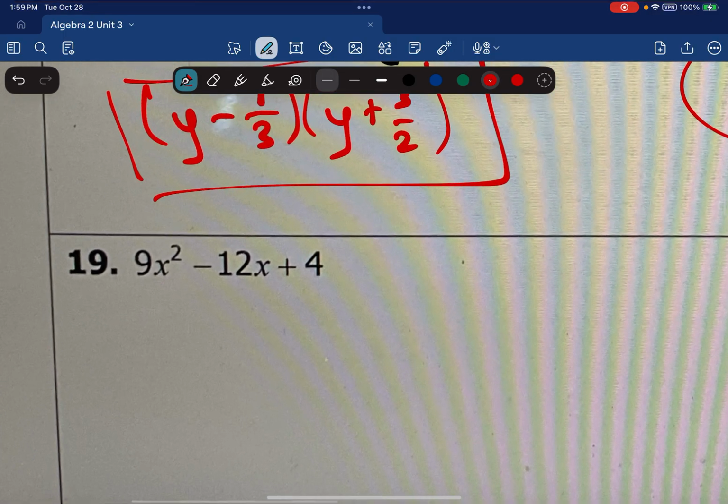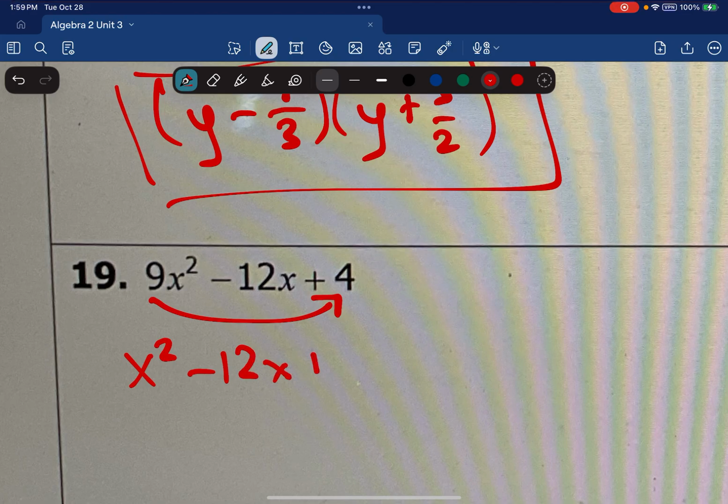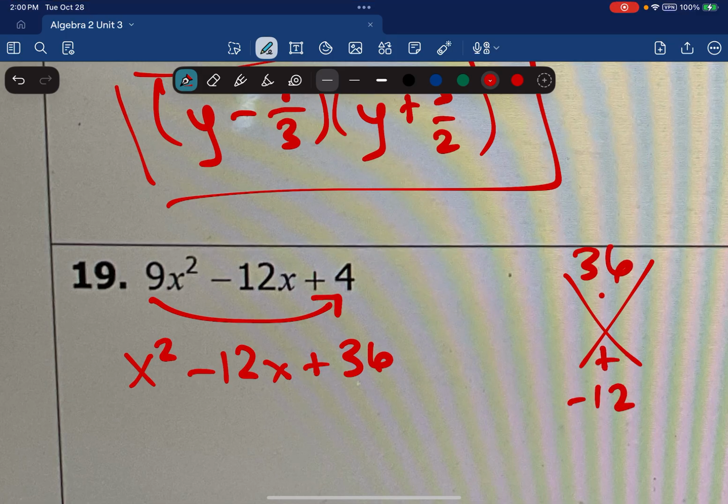There's not a greatest common factor out of these, so this is just slide and divide. X squared minus 12x plus 36. Two numbers that multiply to be 36 but add to be negative 12. Two numbers that multiply to be 36 are 6 and 6.